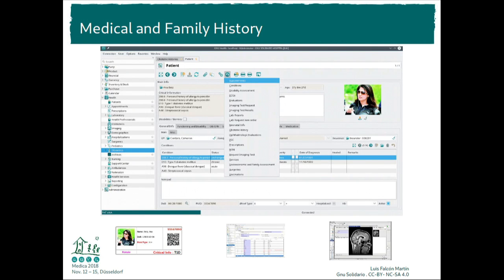So what do we actually take into consideration? Well, we already saw the socioeconomic determinants, but now also you are going to have the medical information, family history, clinical history, surgeries, obstetrics, and so on.